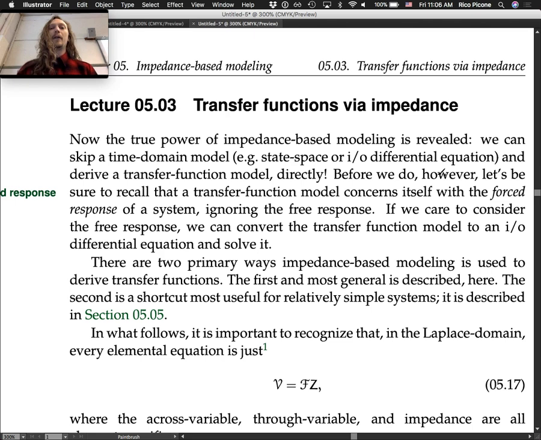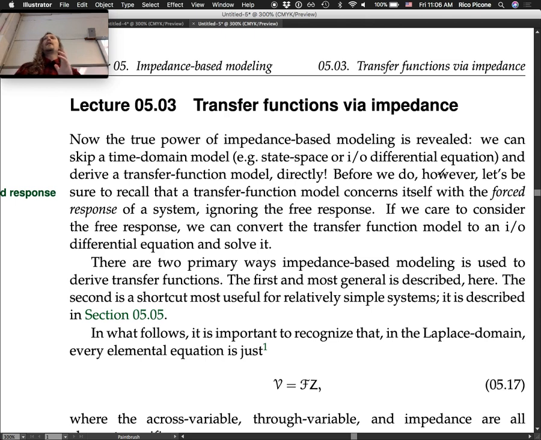Now the true power, we've done impedance-based modeling for a couple lectures, right? But the true power of impedance-based modeling is revealed. We can skip a time domain model, for example, state space or input-output differential equation, which are the two types that we've found in the past, and derive a transfer function model directly.